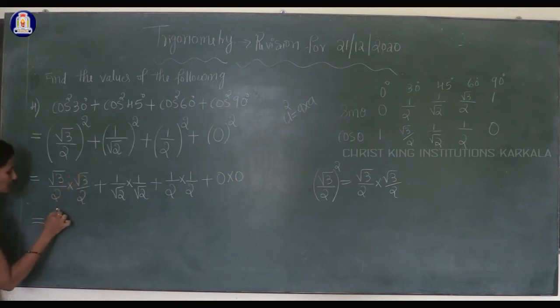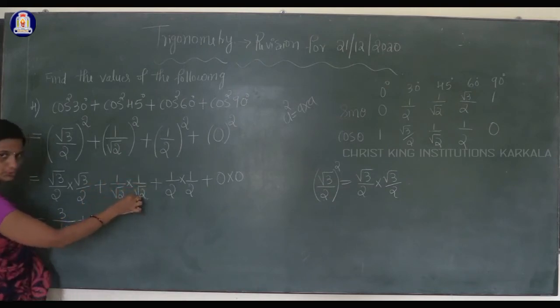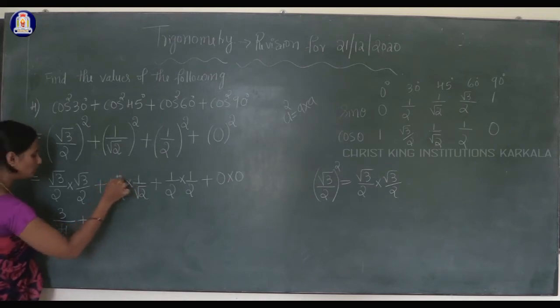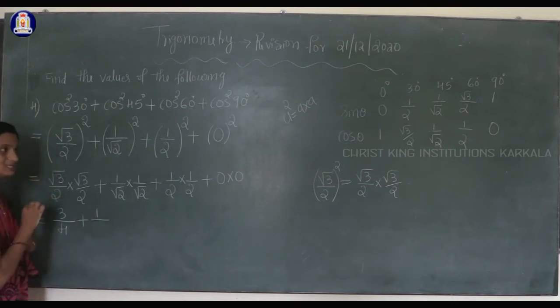Root 9 means it is 3, divided by 2 into 2, which is 4, plus 1 into 1 by root 2 into root 2. Correct now? So 1 into 1 is 1. Root 2 into root 2 is what?